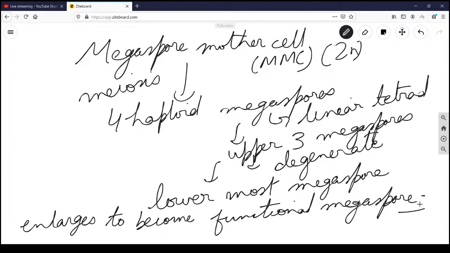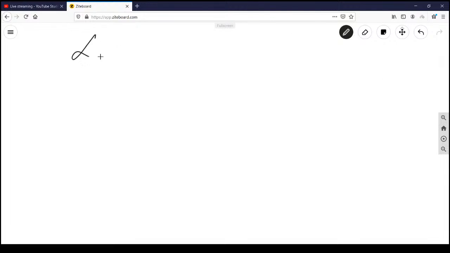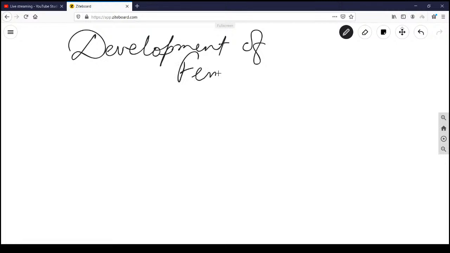Now, after megasporogenesis, we will be talking about the topic known as development of female gametophyte. So we will take 2 topics together. Development of female gametophyte.